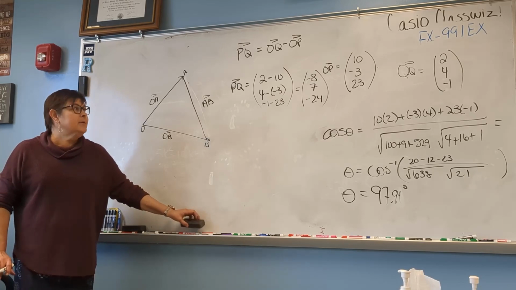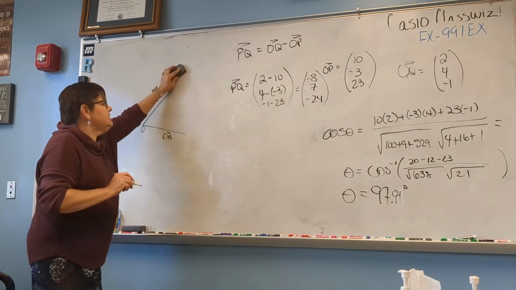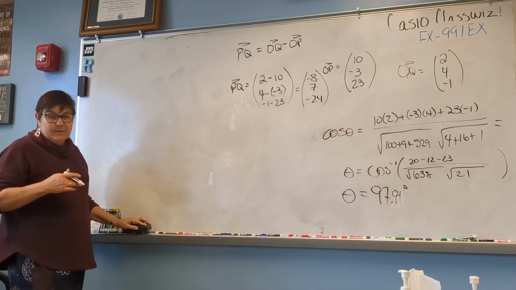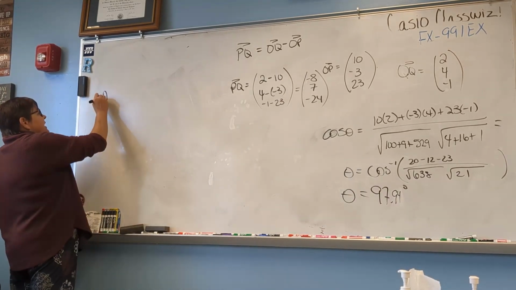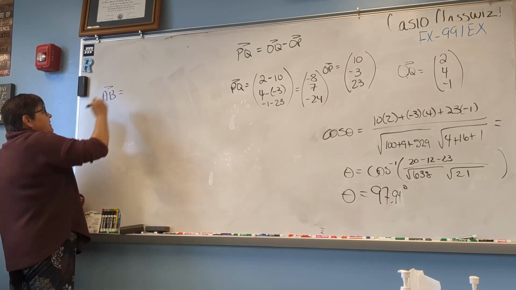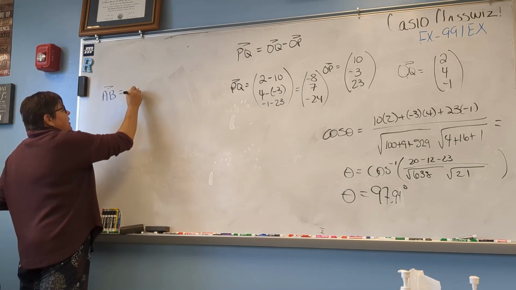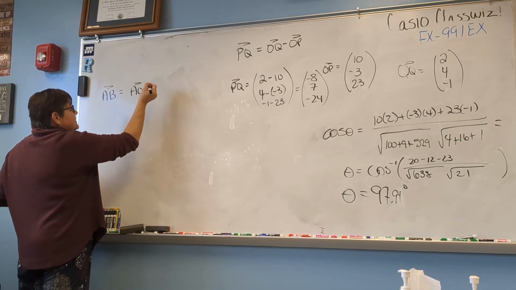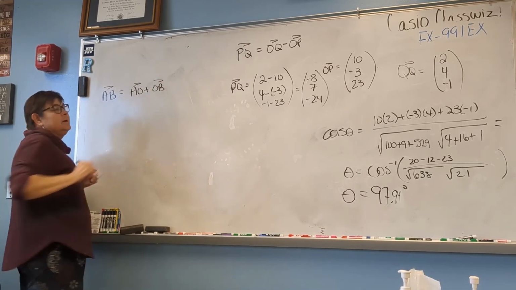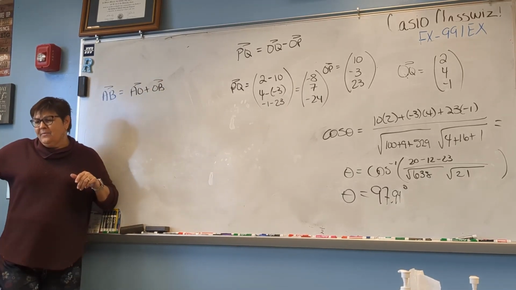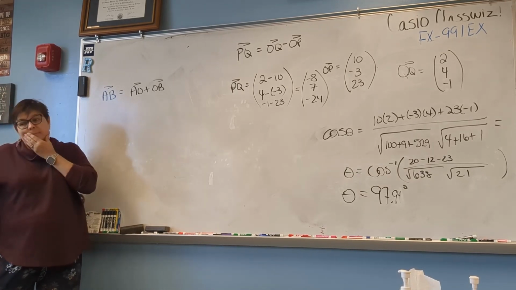Let me show you, because this may be helpful in our homework. If I'm looking for AB, one of the ways I can get to it is AO plus OB. We rarely use that.